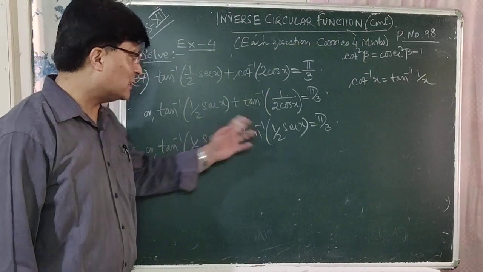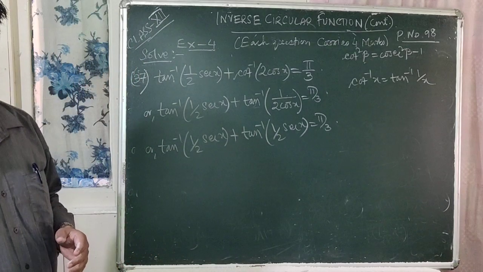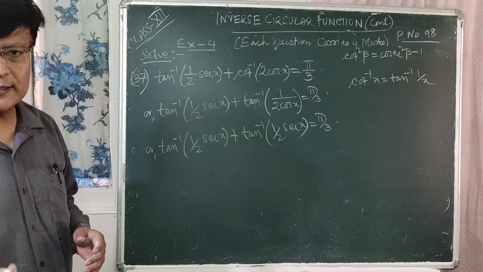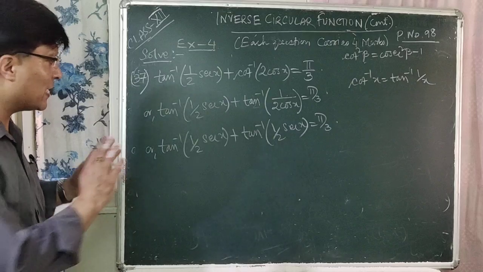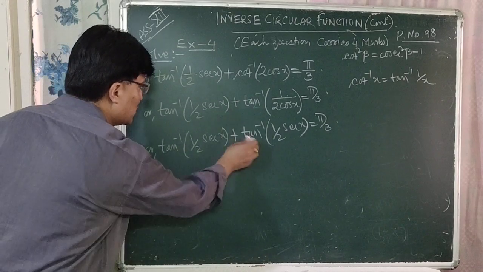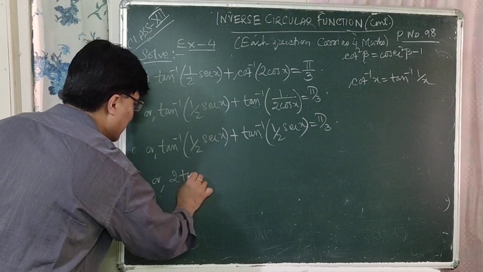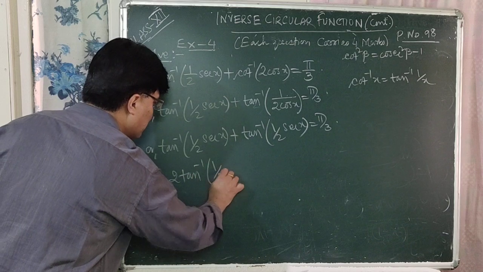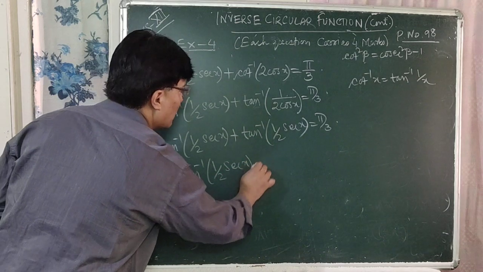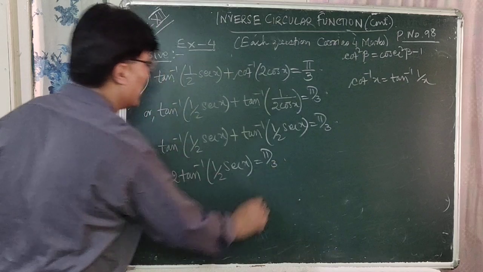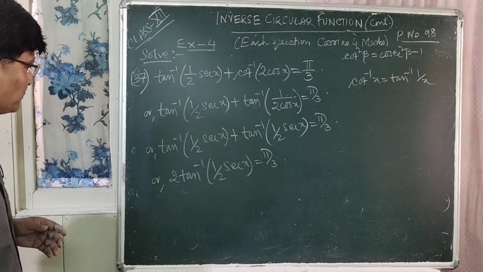So now let us add these two terms. You know that tan inverse x plus tan inverse x is 2 tan inverse x. Likewise, you can add these two similar terms to get 2 tan inverse half sec x, which is equal to pi by 3. Okay.